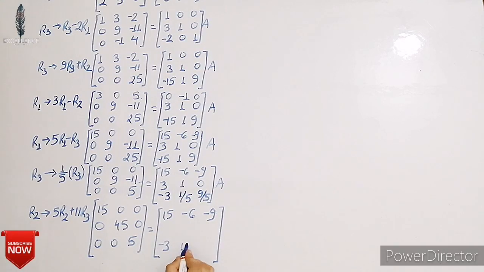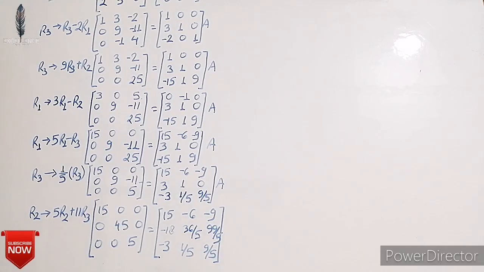We have to change only R2 according to 5R2 plus 11R3. So first element is here minus 18, and this becomes according to 5R2 plus 11R3, it is 36 upon 5, and here we get 99 upon 5.